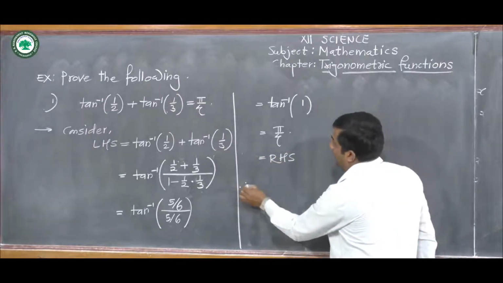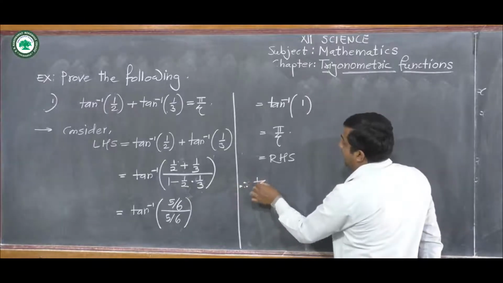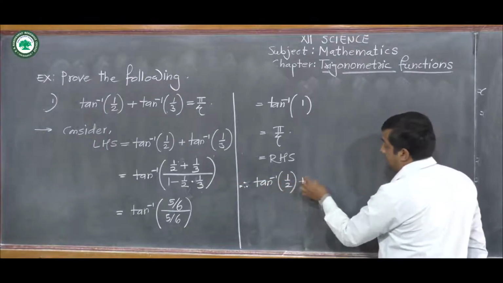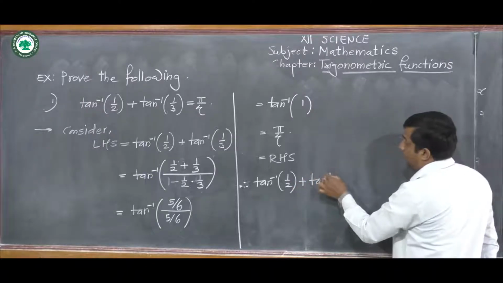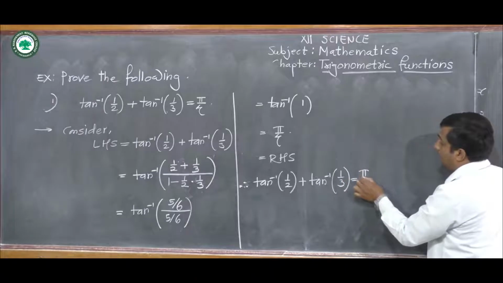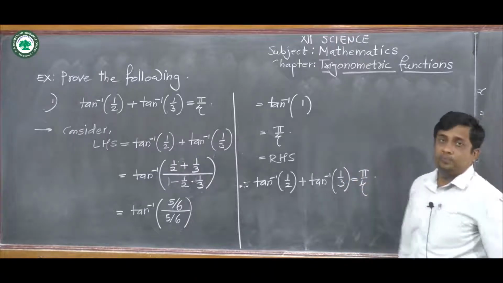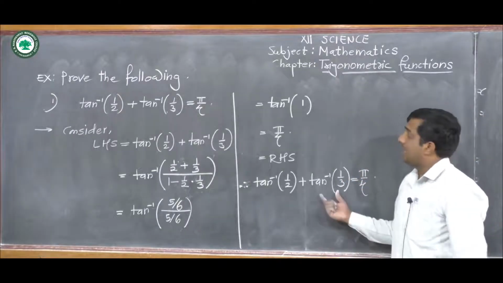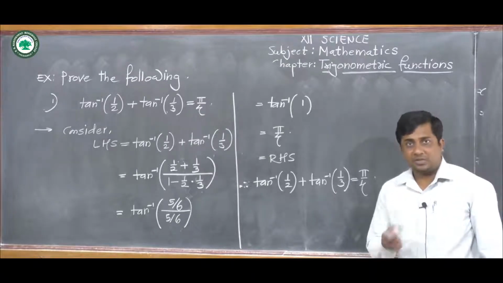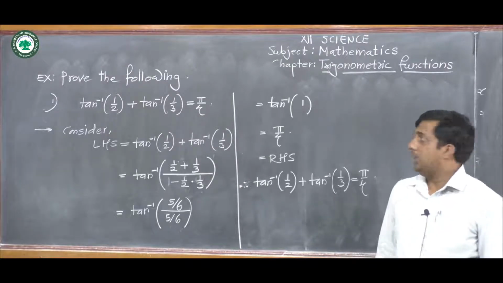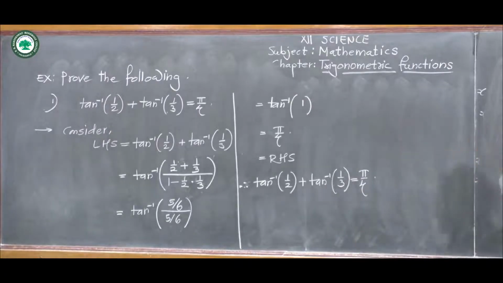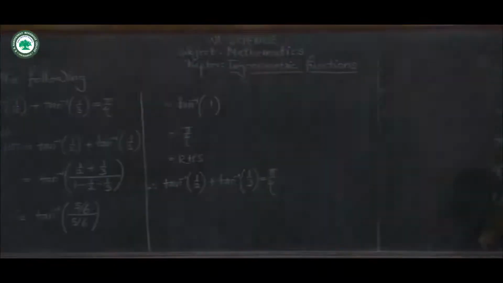So we prove that tan inverse of 1 upon 2 plus tan inverse of 1 upon 3 is equal to pi by 4. Very simple example it is. By using our property of inverse trigonometric functions, we find this relation. Okay, let's go with our next example.